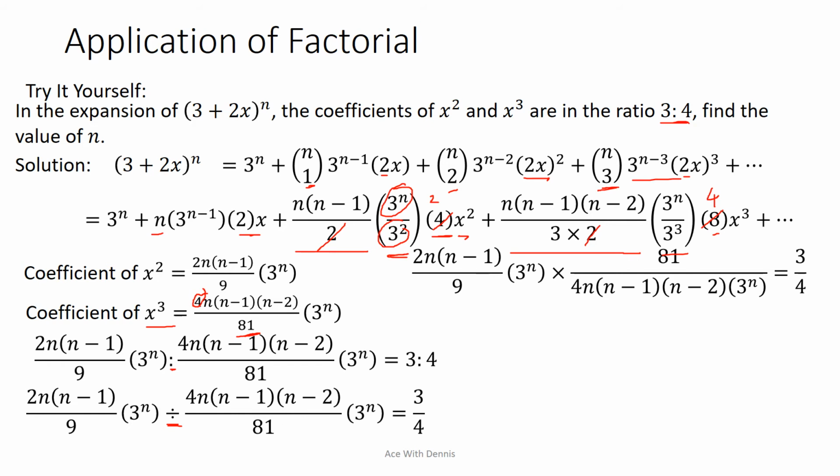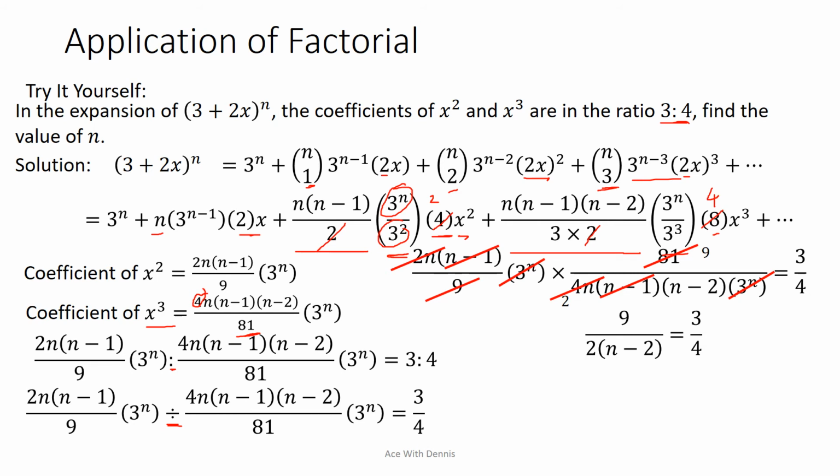And from here, we can simplify, right? The 3^n cancels with the 3^n, (n minus 1) cancels with (n minus 1), 9 cancels with 81, so 81 becomes 9. So 2n cancels with 4n, so 2 at the bottom. I think everything has been simplified.